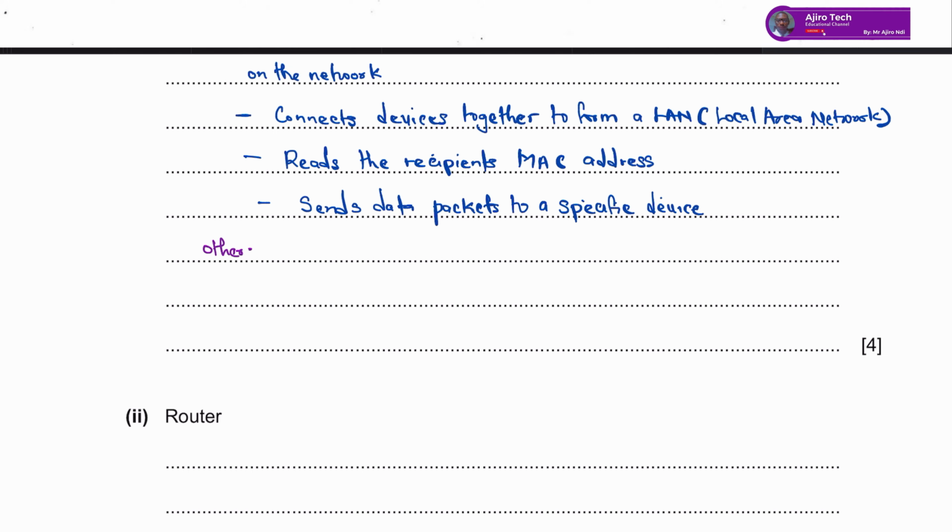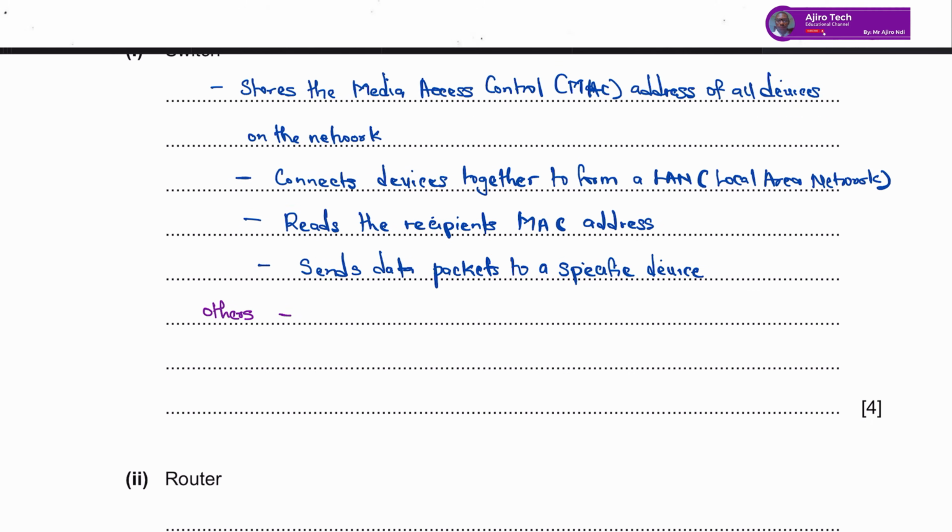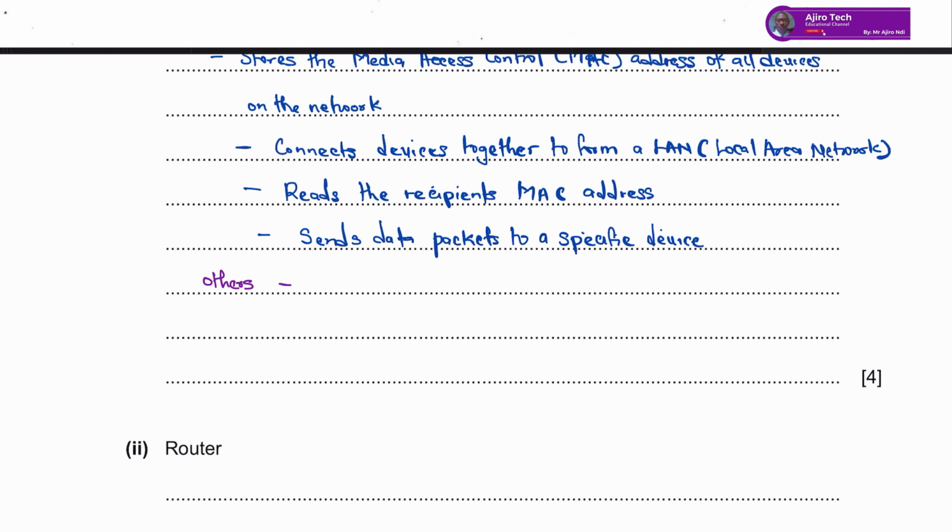I think I can just put this down for others. It contains, yeah, why it stores is all devices. I've talked about all devices on the network. So that's sender and receiver, but you can still split it.